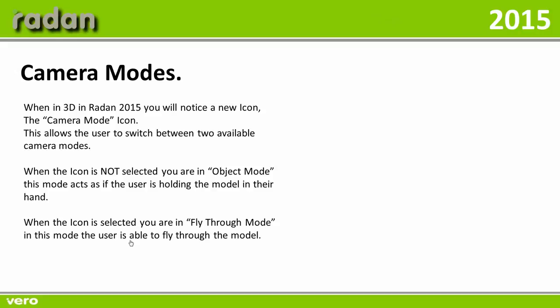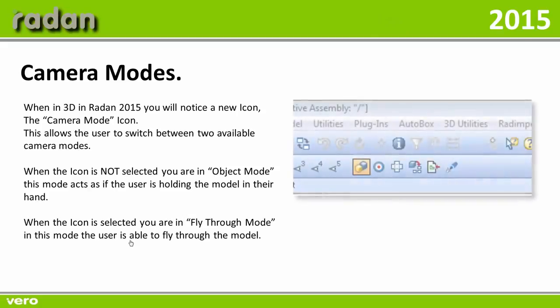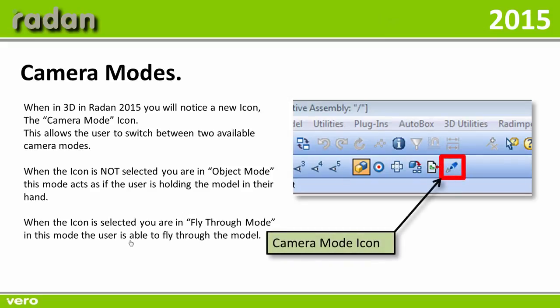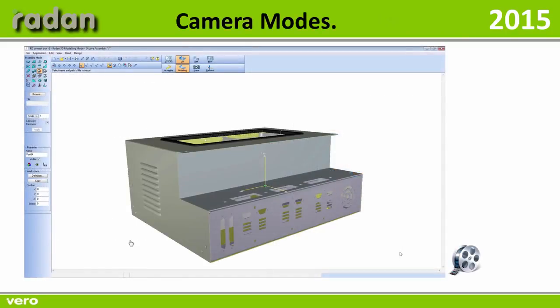When the icon is selected, you are in fly through mode, and in this mode the user is able to fly through the model. Here you can see an image of the Radan 3D menu, and I'm just highlighting the new icon, the camera mode icon. Right, let me demonstrate how this works.